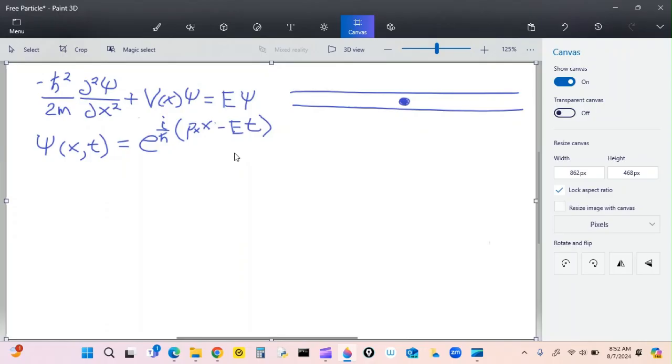Let me start by pointing out some things that, if you don't have this information, or it doesn't make sense to you, then you need to go back and look at some other videos. The primary postulate of quantum mechanics, according to Schrodinger's picture, is this thing right here.